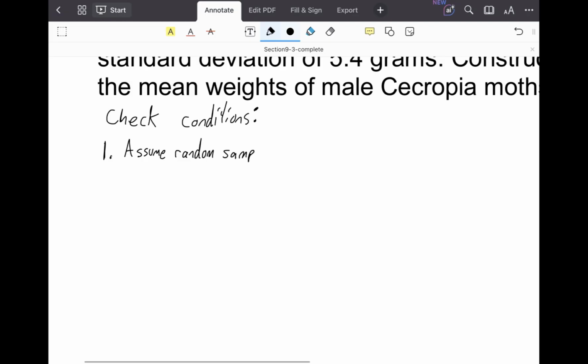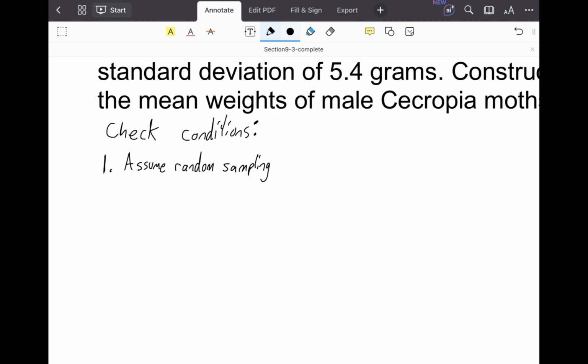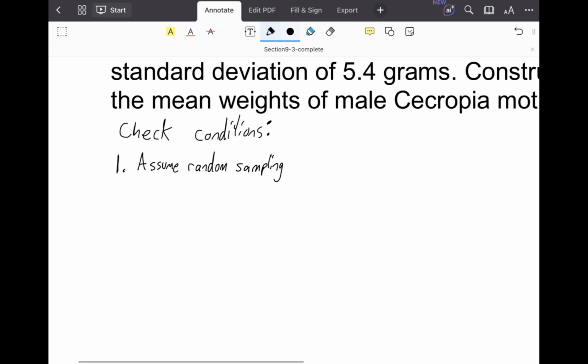If you weren't the researcher and they're just giving you their information, like those means and the standard deviations, you may want to just ask them really quickly, did you use random sampling? And if they then have further questions, just explain what random sampling is and why it's so important that we have random sampling.